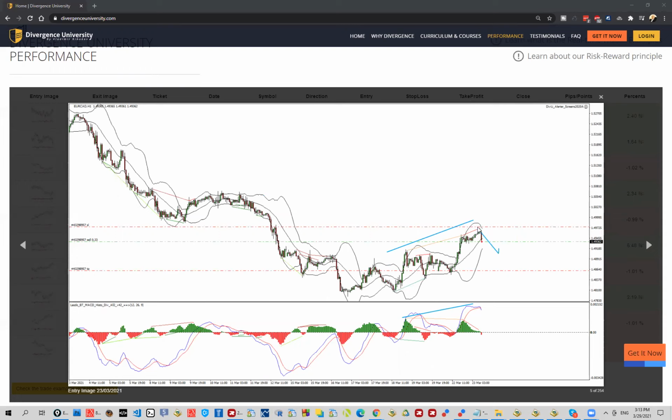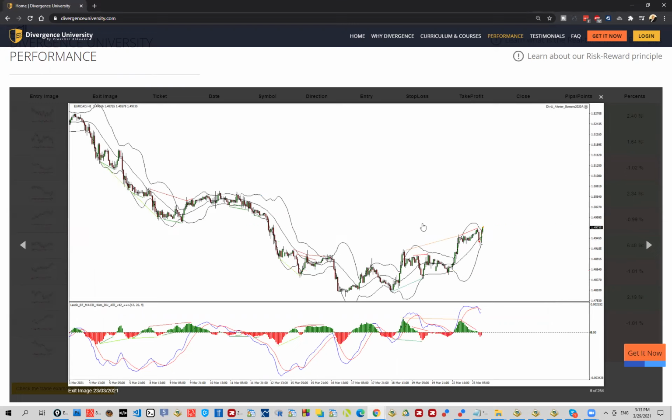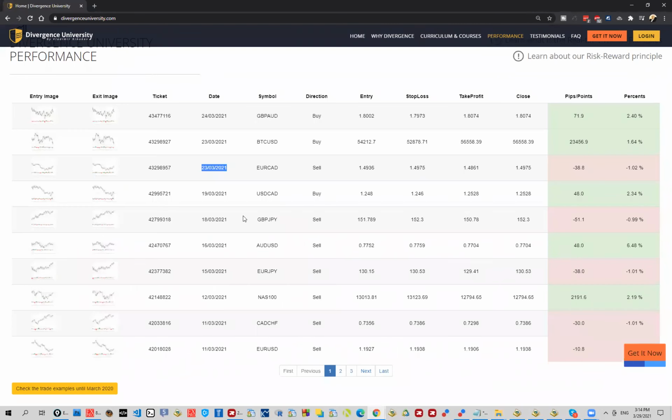Again, this is a pullback structure which we are attacking for continuation and using it to join the main trend. So the difference between Bitcoin and this one is huge here. I hope you understand it. So that's one of the divergences, and then you have another divergence here, but this is more of a 15-minute chart divergence. So that's the reasoning behind your cut.